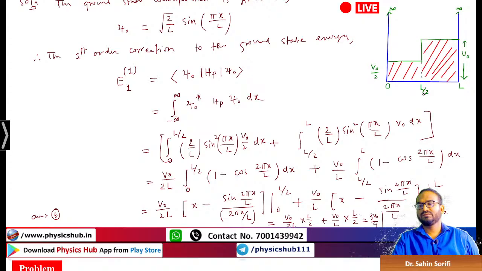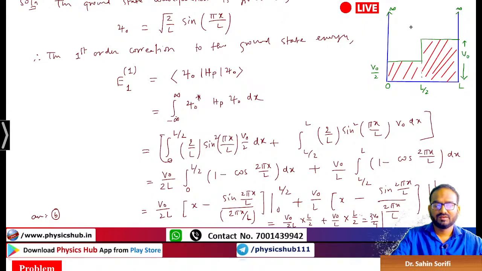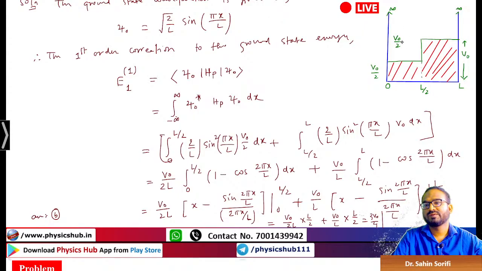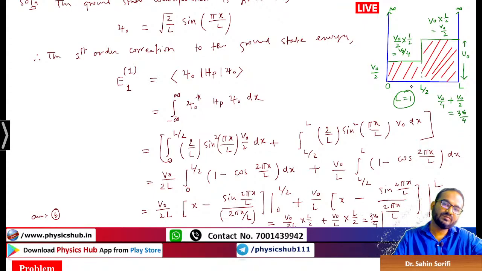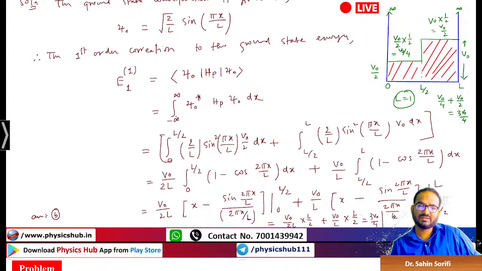V naught by 2 into L by 2, so V naught by 2 into 1 by 2, so V naught by 4. Here also L equals to 1. So this area is V naught into L by 2, meaning 1 by 2, V naught by 2. So the sum of it, V naught by 4 plus V naught by 2, is 3 V naught by 4. In this way, simply you can calculate without calculating this much.